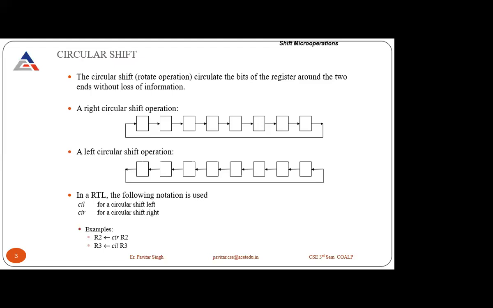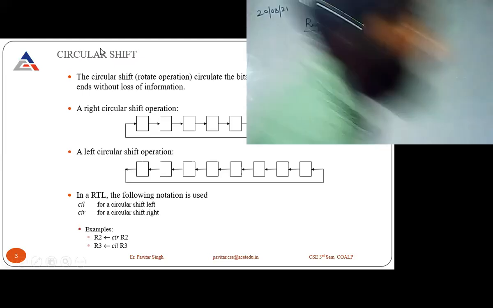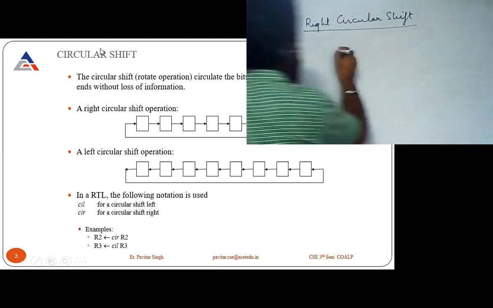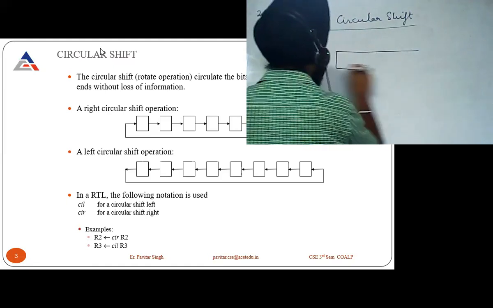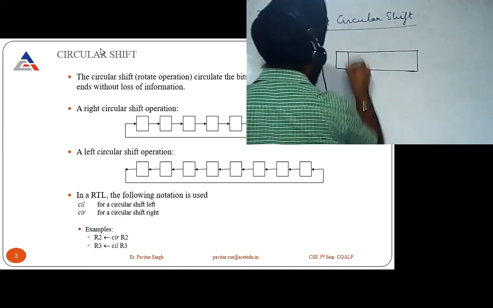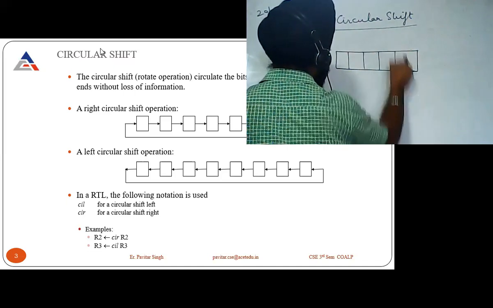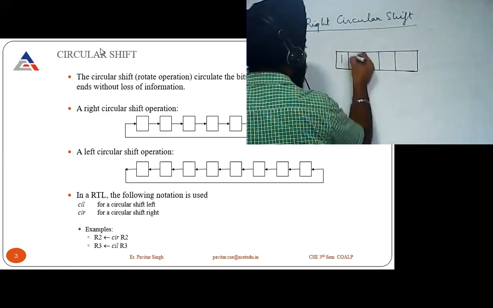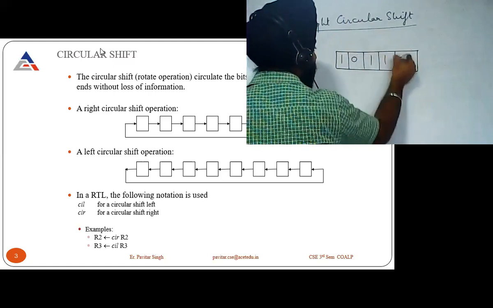Taking the example of right circular shift. Let's suppose your register is of 5 bits, again 1, 2, 3, 4 and 5, and the values are 1, 0, 1, 1, 0, right?